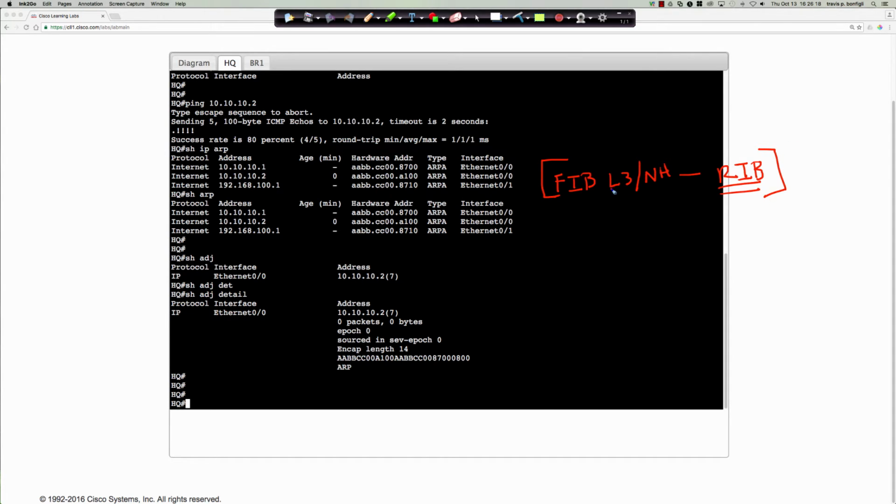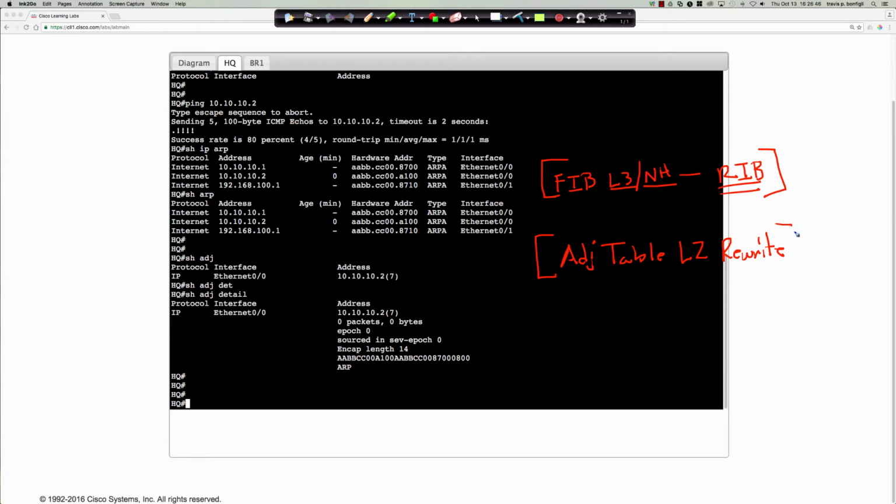So here we've got the layer 3 reachability information and the next hop: the destination IP and the next hop we're going to, or the interface that we're going out. Then we've got this new data structure, the adjacency table, and the adjacency table is what pre-computes and holds all of my layer 2 rewrite information.